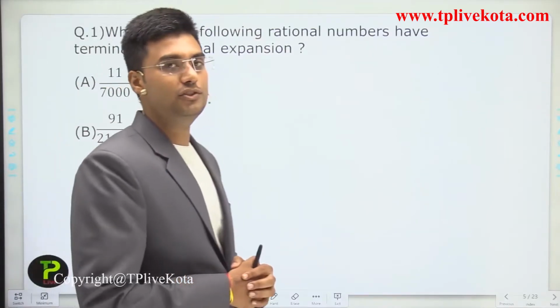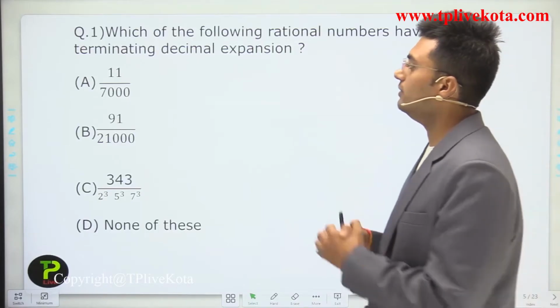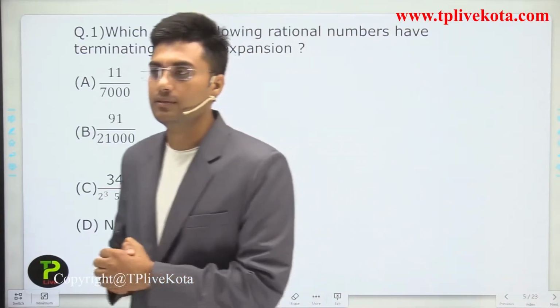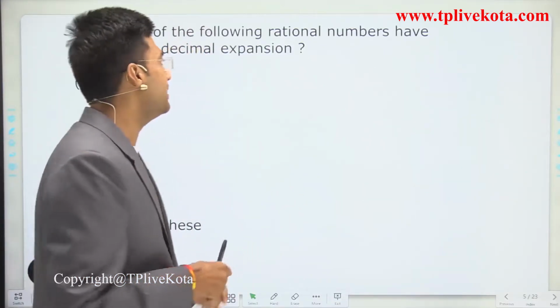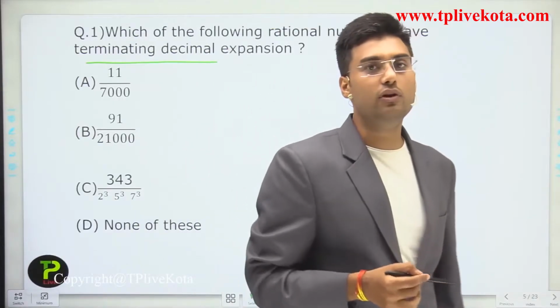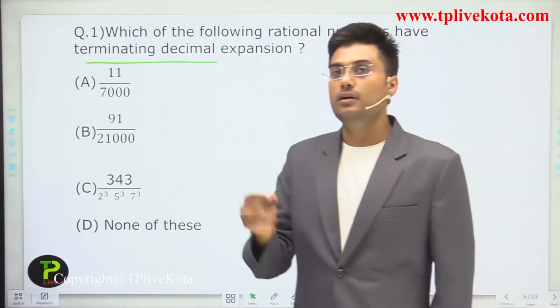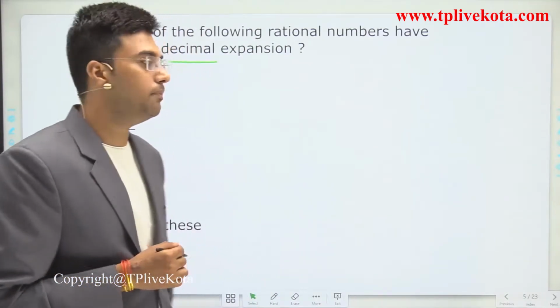So the first question is, which of the following rational numbers has a terminating decimal expansion? We know that for terminating decimal expansion, the denominator should be in the form of 2 power m multiplied by 5 power n.